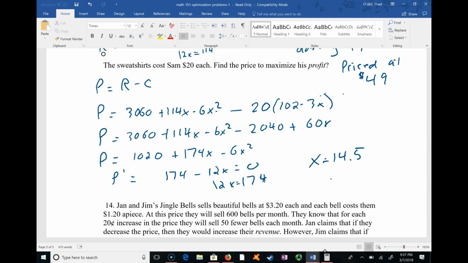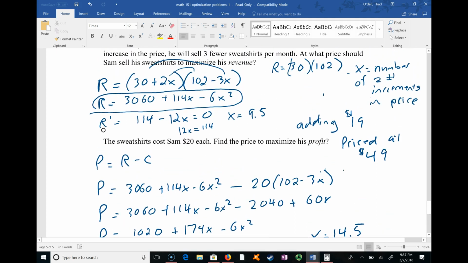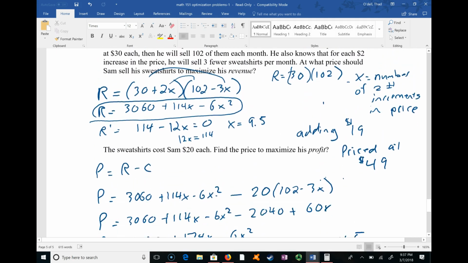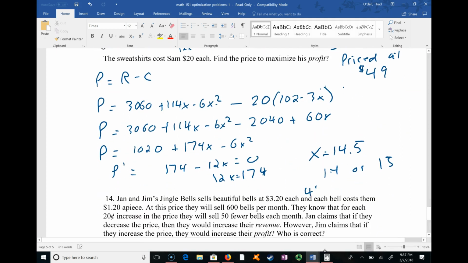So we want to go with either 14 or 15. If we do 14, that would mean my sweatshirt is priced at $44. If I do 15, it would be priced at $45.